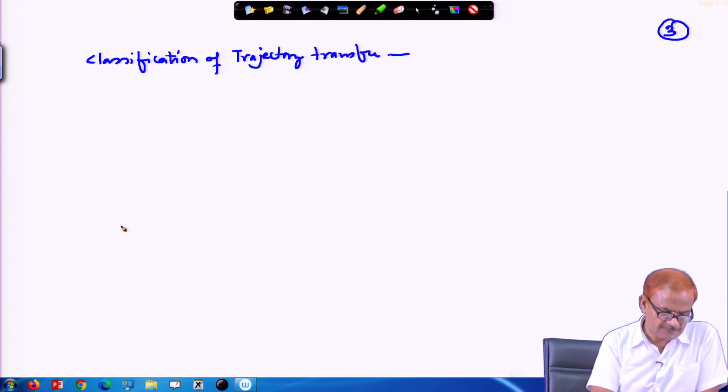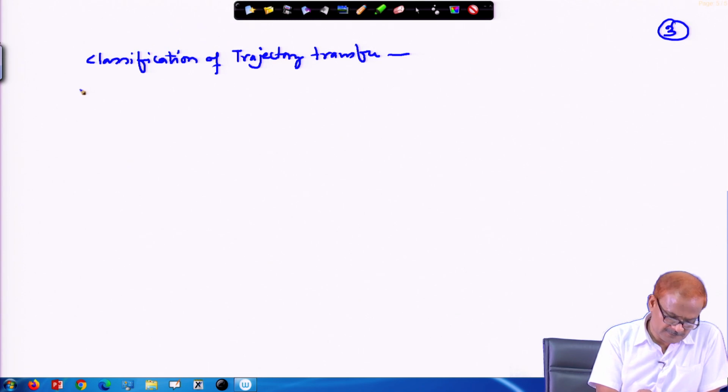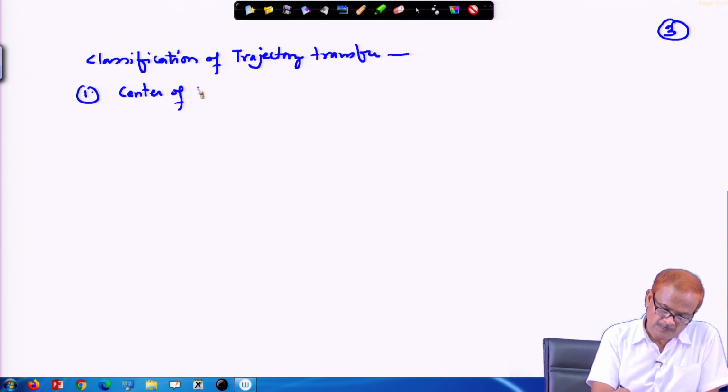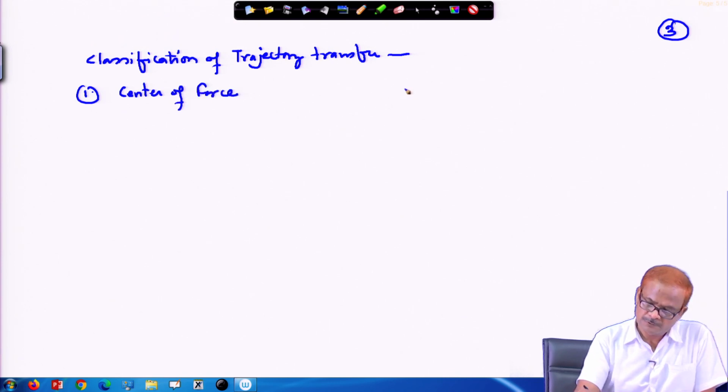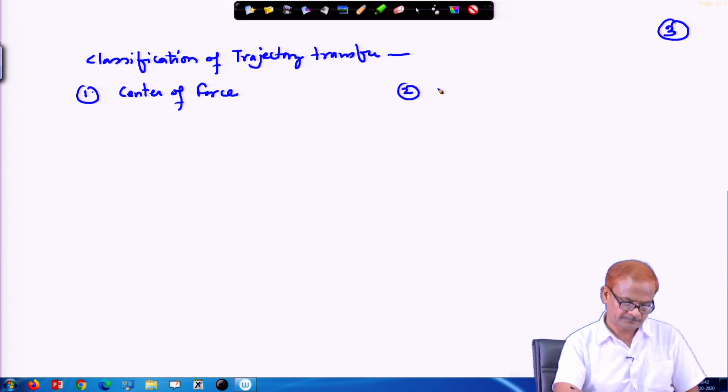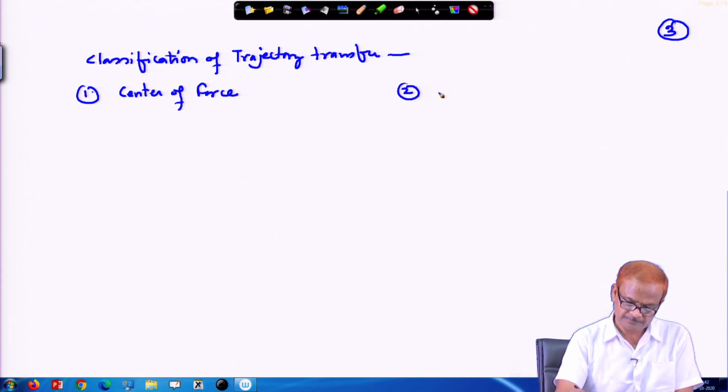Classification of trajectory transfer. So, we can classify into different categories. One is based on the center of force, the other one is based on the number of impulses required.